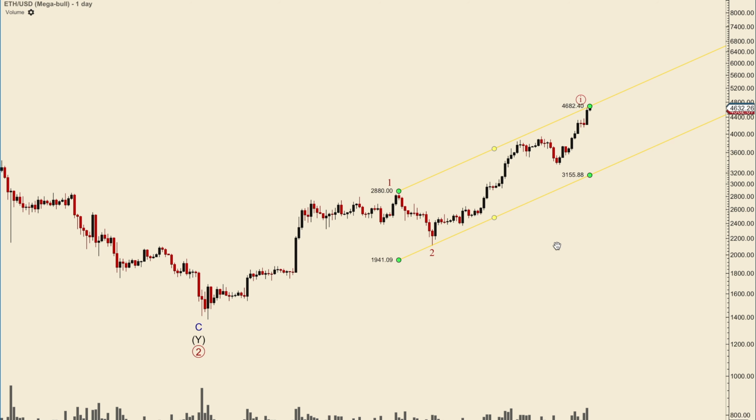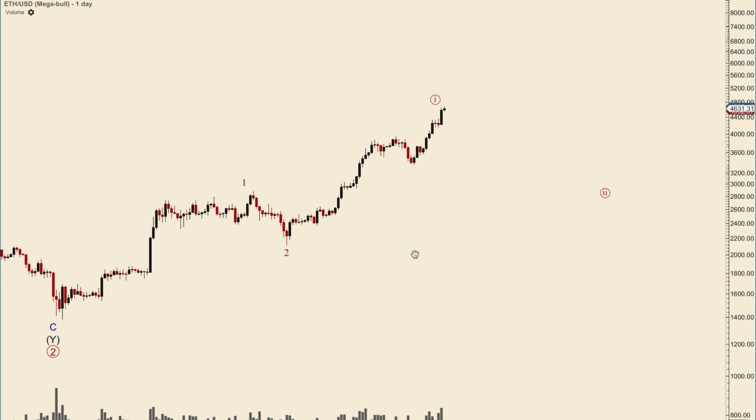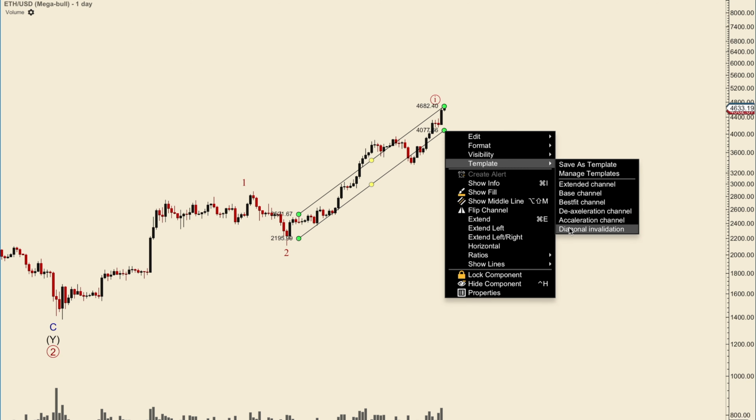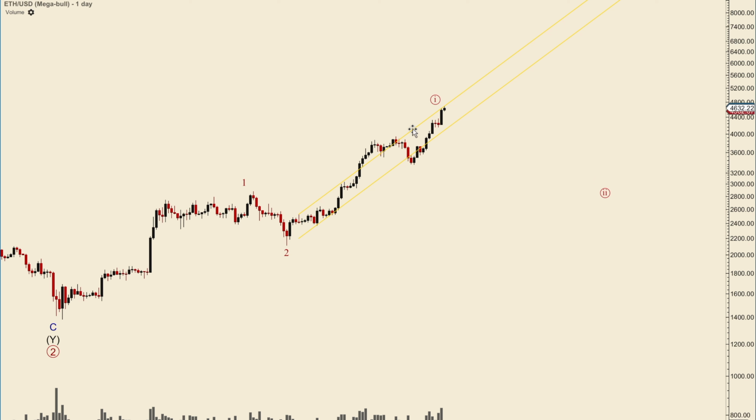But then this channel in itself can also contain an acceleration channel. So if we have like here and from there, you can basically divide it into smaller and smaller channels depending on the time frame you're looking at. But that deserves a different, specific chapter, I would say.